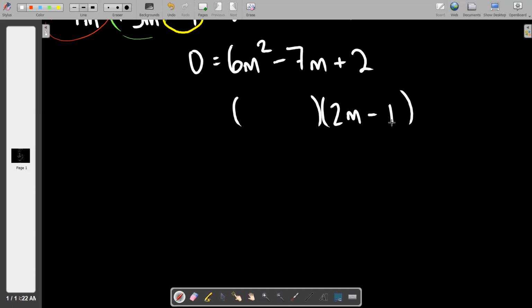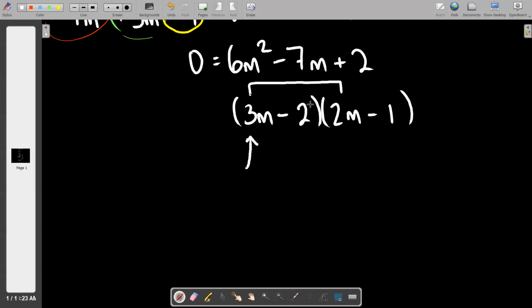And then let's just reverse engineer. So what has to go where this white arrow is pointing? Remember, it has to make 6m squared, so you need a 3m. And what does my sign have to be? A negative, so minus. And then what has to go in this blank to make 2? And there it is, 2/3.